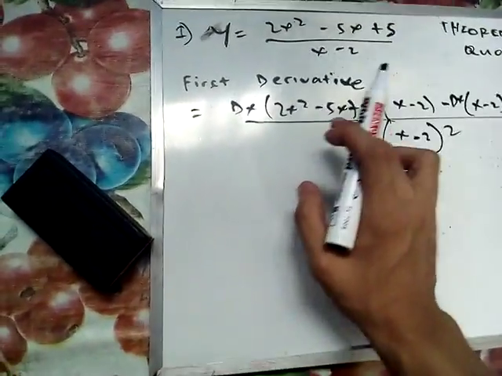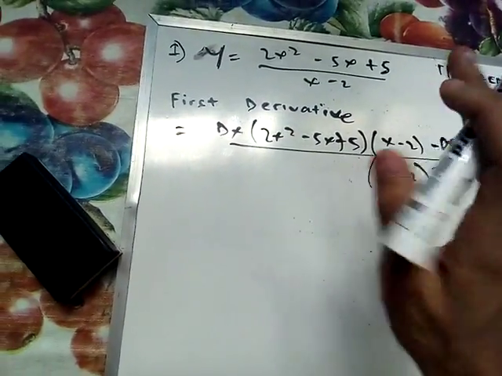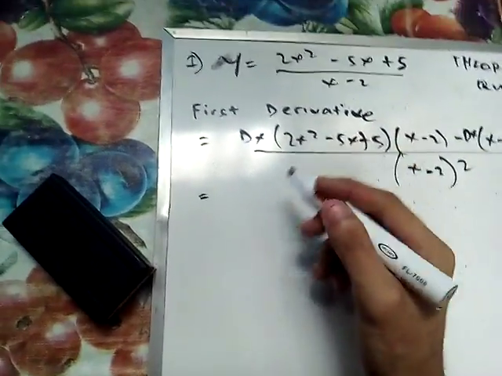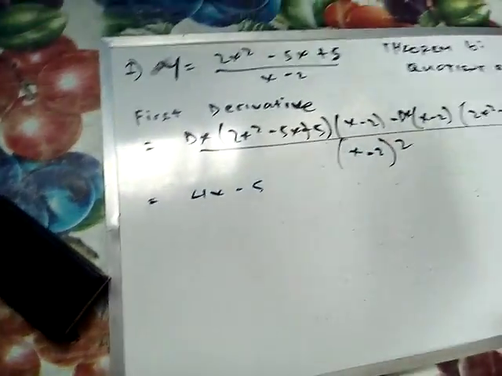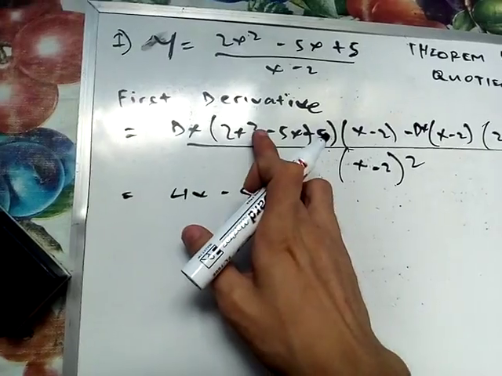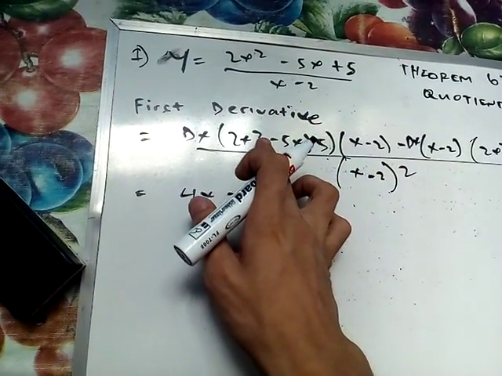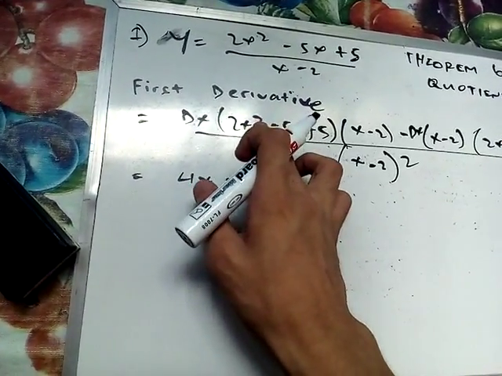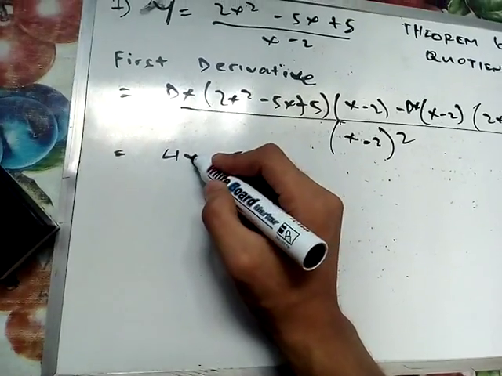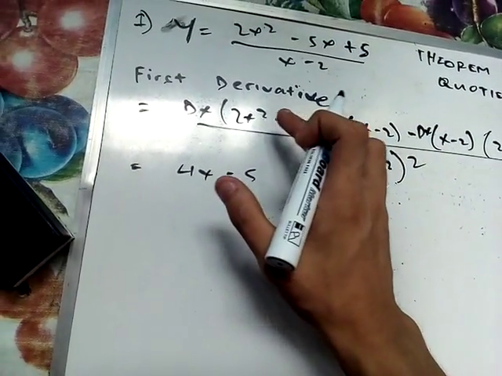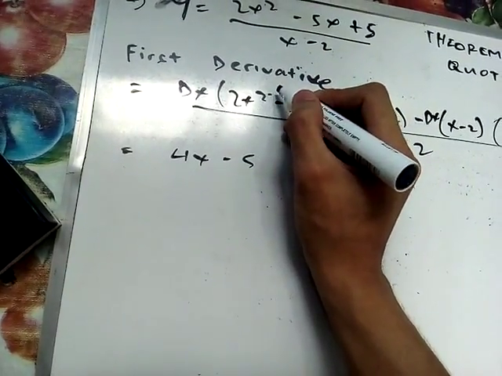So evaluate: the derivative of 2x squared minus 5x plus 5 is 4x minus 5. It's because the power is 2, bring it down, so 2 times 2 is 4, then the power of x is subtracted by 1.